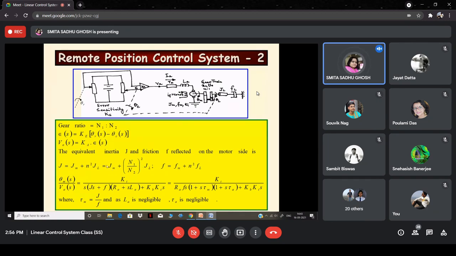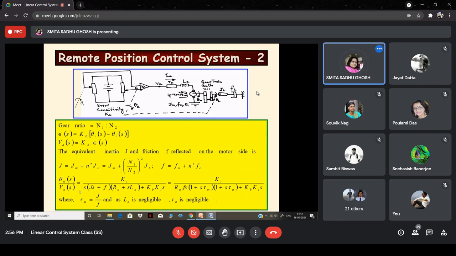So this would be the equivalent moment of inertia, denoted by J. Similarly, the equivalent viscous friction coefficient is F, and that is equal to Fm, the motor viscous friction coefficient, plus N squared FL, right? If something is negligible, we'll put that in at a later stage, no problem. So basically, these are the moment of inertia and the viscous friction coefficient of the overall motor plus load combined, right?